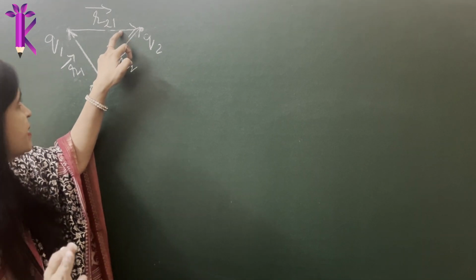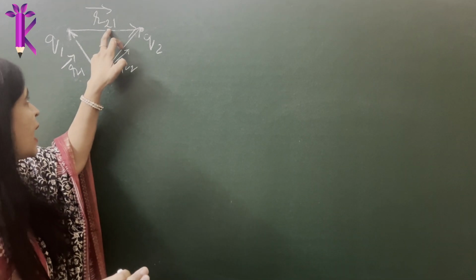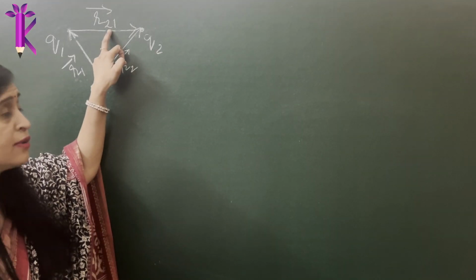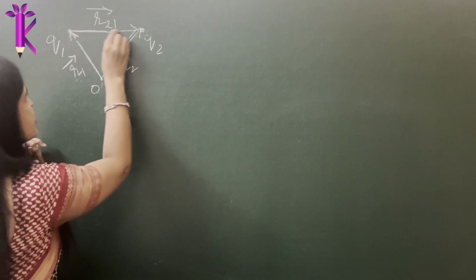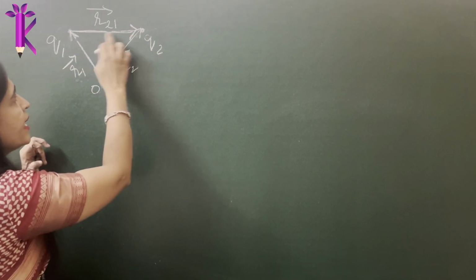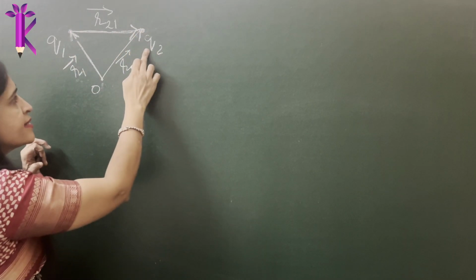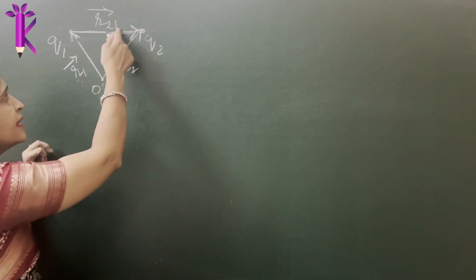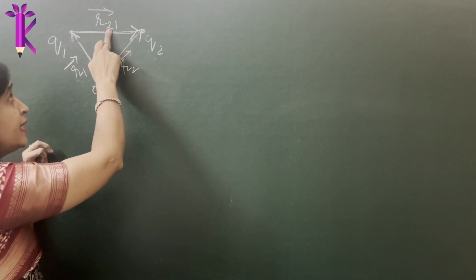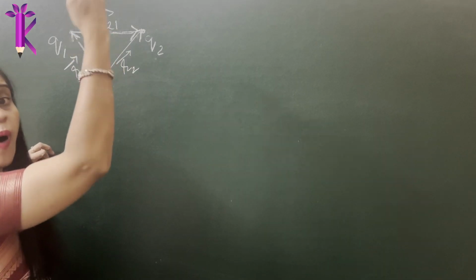I hope that point is clear. I repeat, why do you write it as R21 and not R12? Because this vector, represented by an arrow, is pointing towards the charge Q2. Therefore, 2 has to be written first, and it tells you it is pointing from 1 to 2.